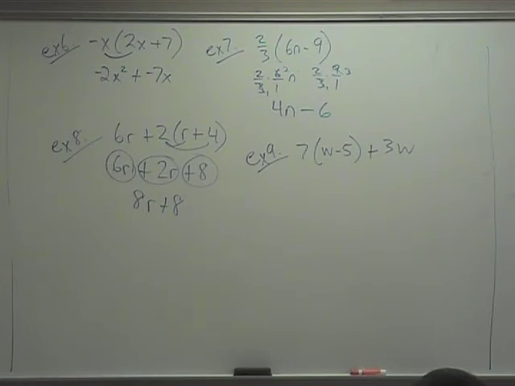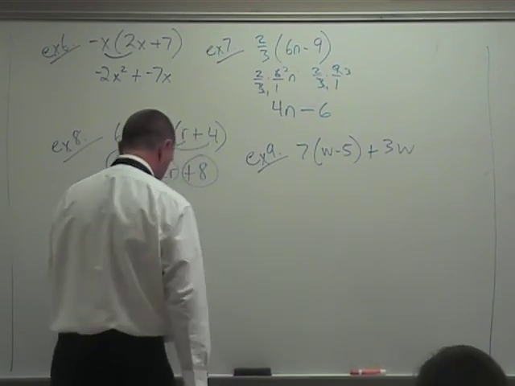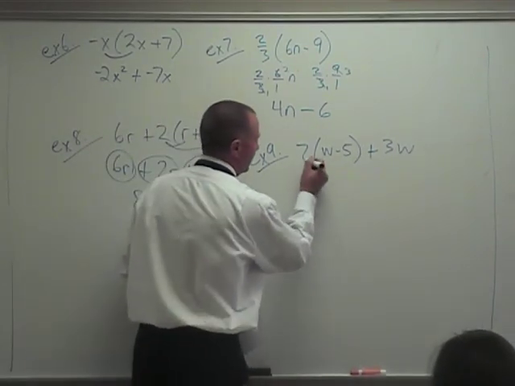Brody, chance to redeem yourself. What's your answer? 10w minus 35. Alright, let's see if he's right.